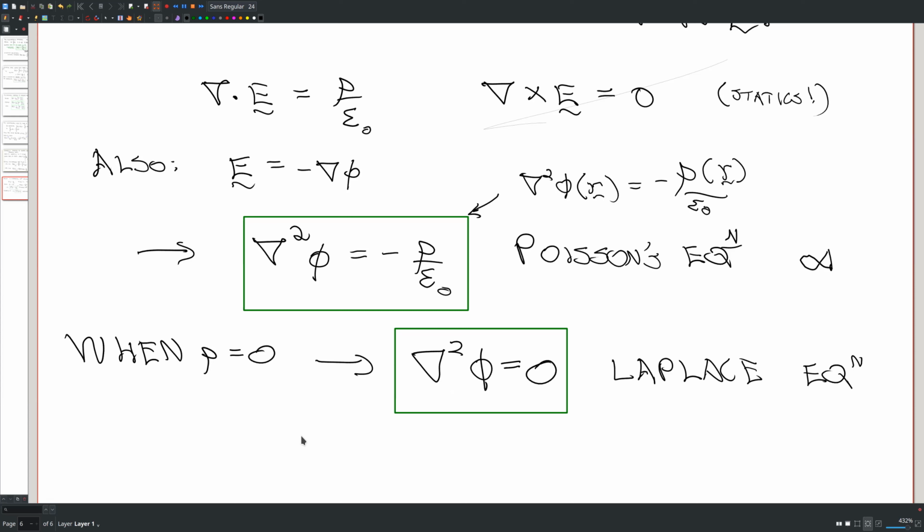You've got charges floating about in your lab, wherever, and you want to know the value of the potential somewhere away from all these charges. So somehow, the value of your potential somewhere depends on the boundary conditions you give in various places. We'll discuss that a lot.